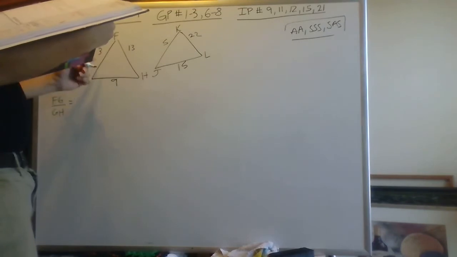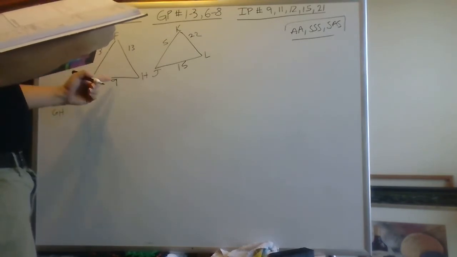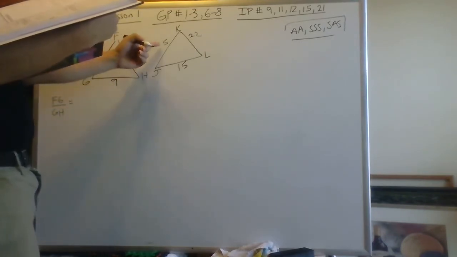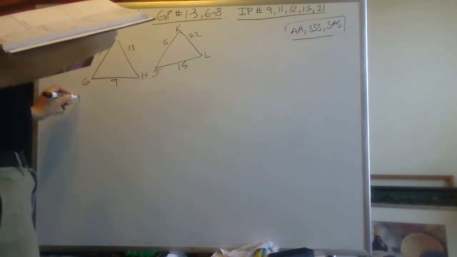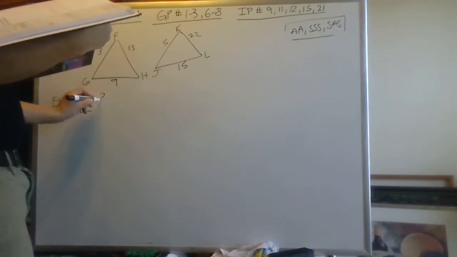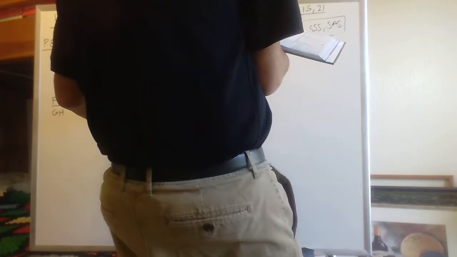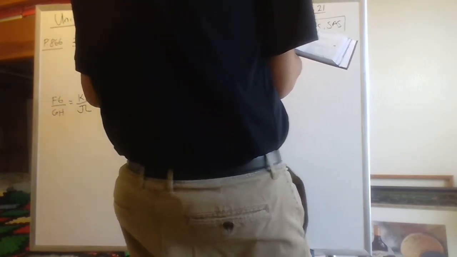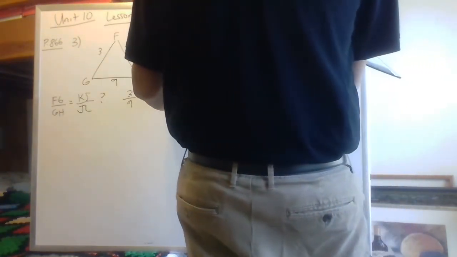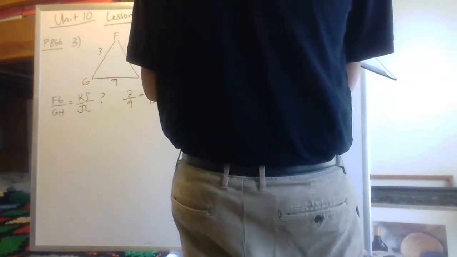Does that equal, well, this is the smallest side length and the second smallest side length, so we're going to go 5 and 15, KJ over JL? That's the question. And so we're going to go the ratio 3 over 9. Does that equal 5 over 15? And that is actually 1/3 does equal 1/3.